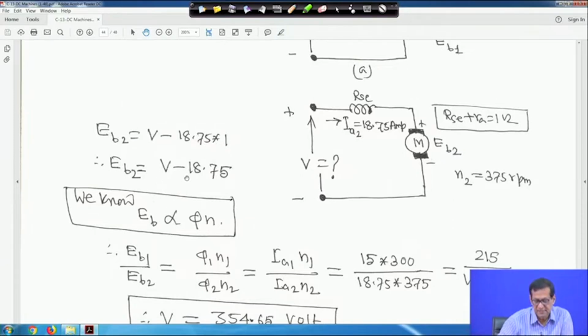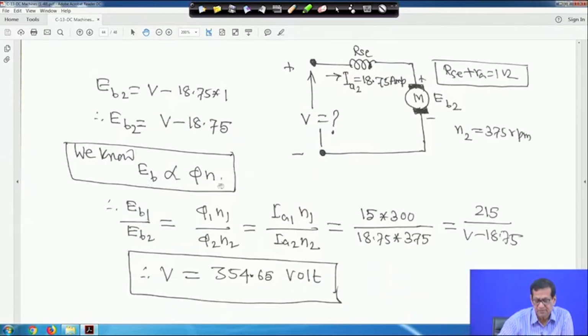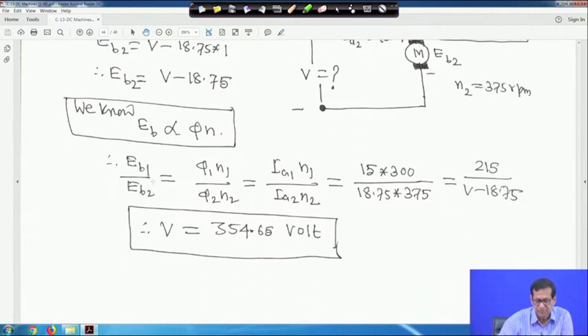So, you will get V minus 18.75, but V we have to determine, and we know that back EMF is proportional to flux into speed. Therefore, EB1 upon EB2, first condition and second condition, you can write phi1 N1 upon phi2 N2, and you can write Ia1 N1 upon Ia2 N2, because the flux is proportional to the armature current in a series motor.